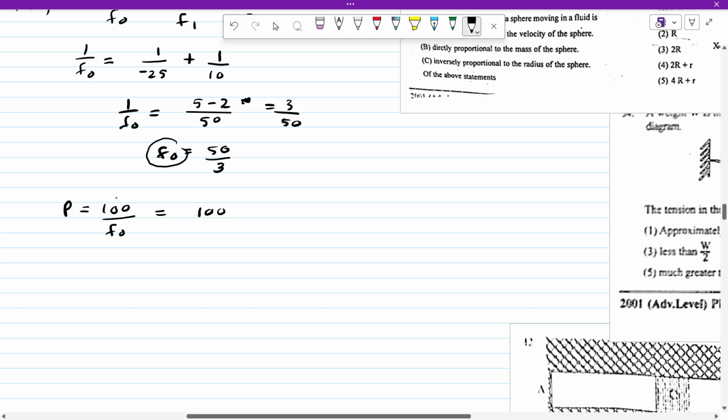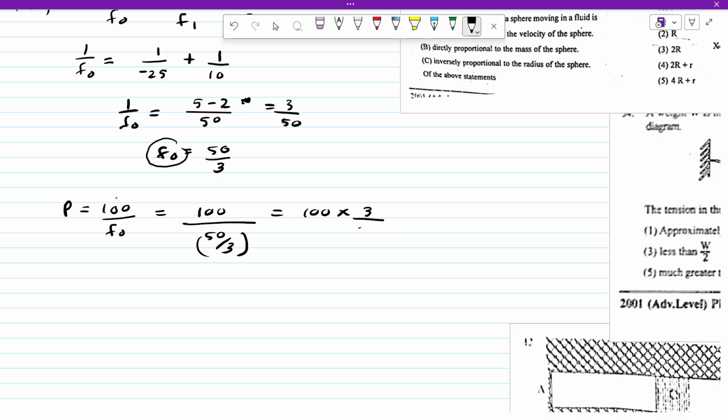Thereby 100 divided by 50 divided by 3. 100 into 3 divided by 50, cancels off and 6 diopters.